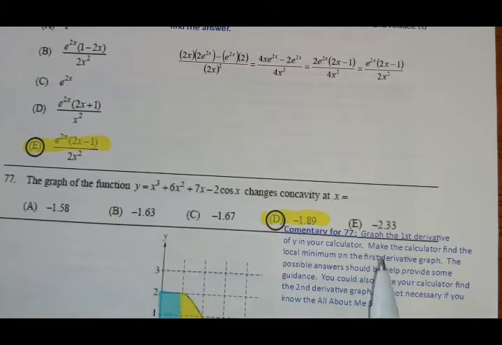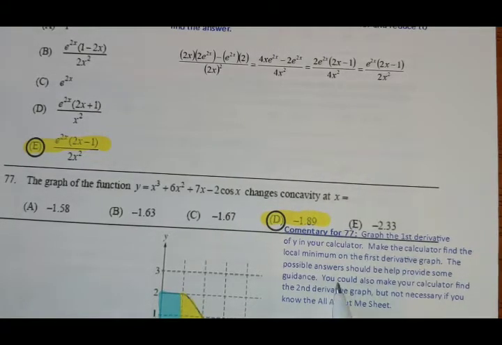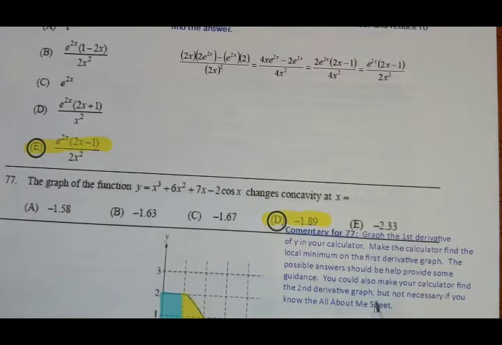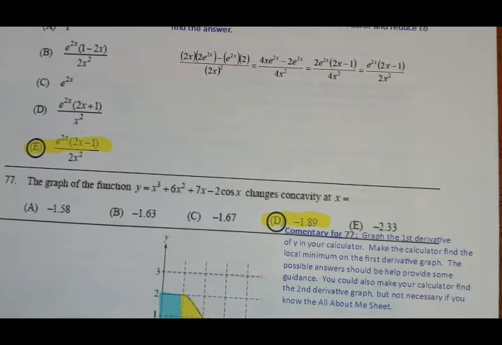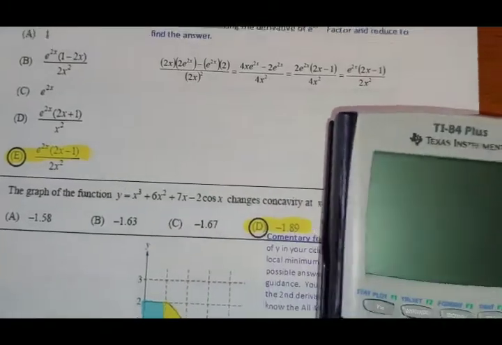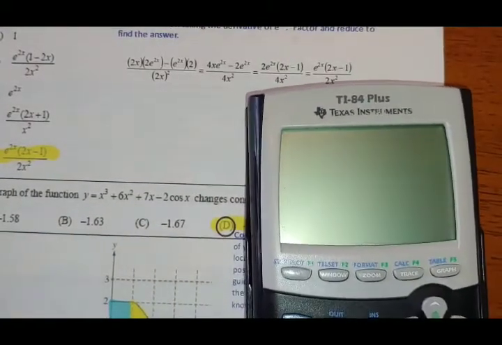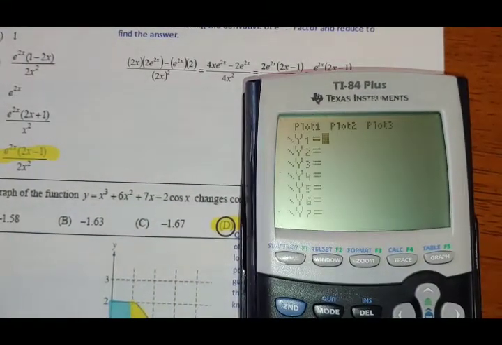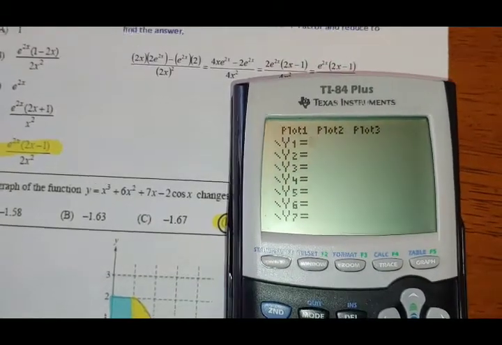I'm going to graph the first derivative, and wherever the first derivative has a local max or local min, the original function has a point of inflection, meaning that it changes concavity. So make sure you are very familiar with the All About Me sheet. If you haven't studied that, that's going to be huge on the AP test.